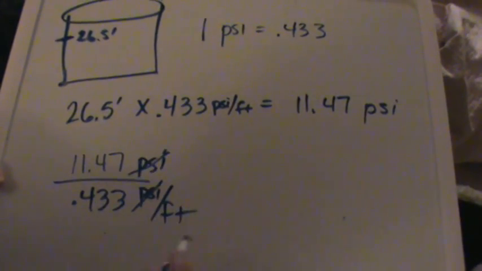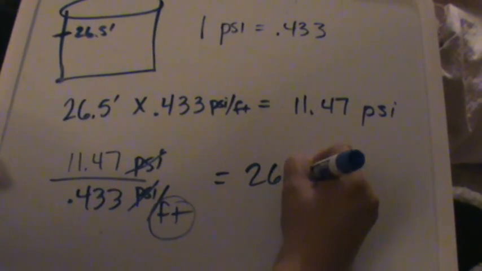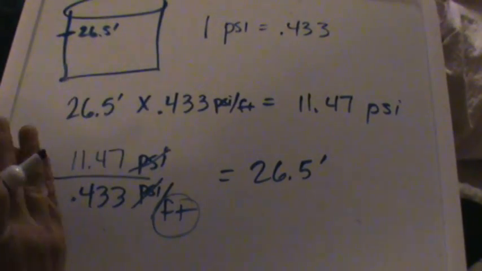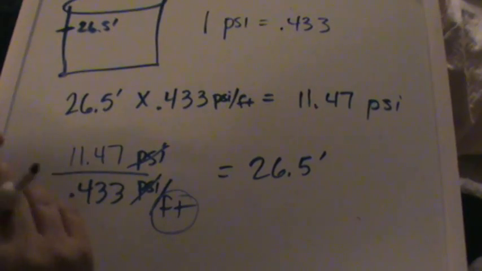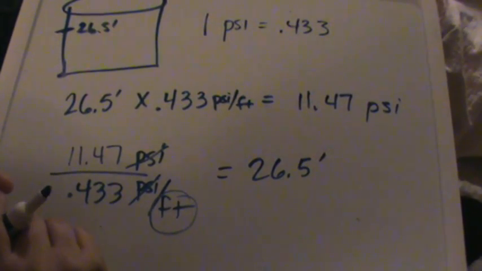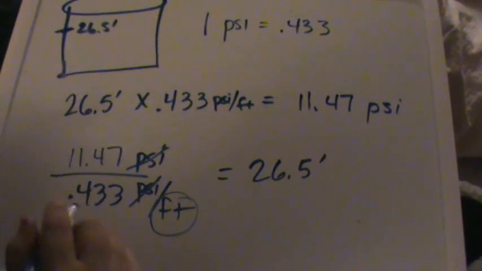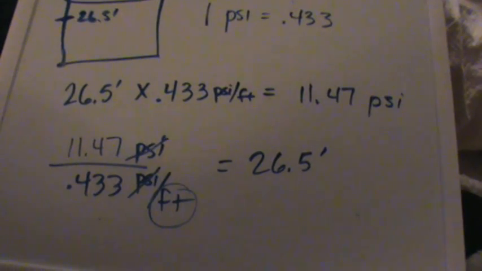My PSI is going to cancel, leaving me with feet, and it will roughly come out to 26.5 feet. So again, if they give me the feet and ask me what the PSI is, I'm going to multiply by 0.433. If they give me the PSI and want to know the feet, I'm going to divide by 0.433. It's just easiest to remember it that way.